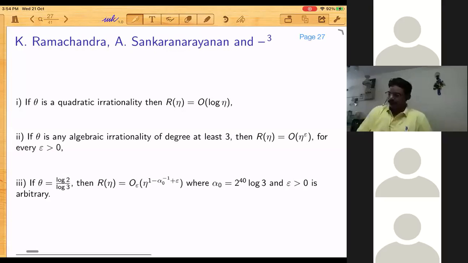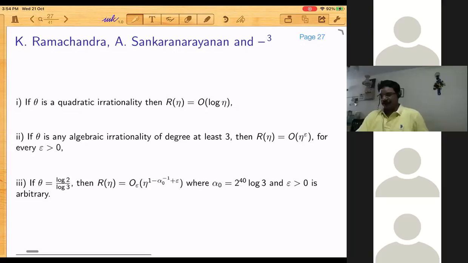then this error term is O of log eta. On the other hand, if theta is any algebraic irrationality of degree bigger than or equal to 3, then R eta is bounded by O of n to the power epsilon for every epsilon positive.